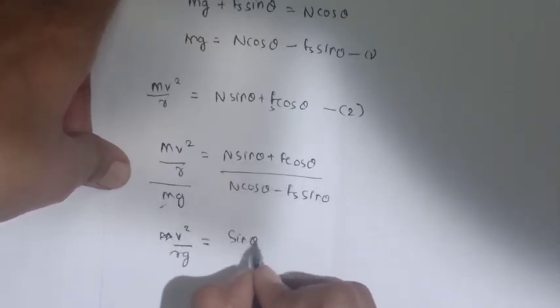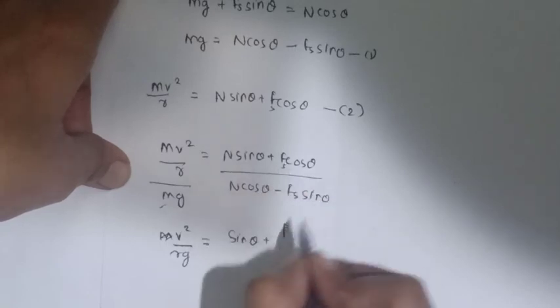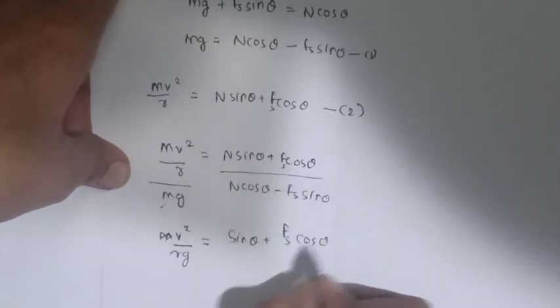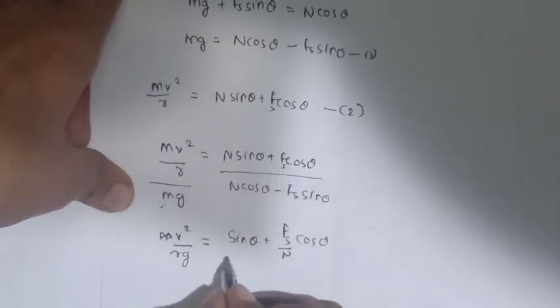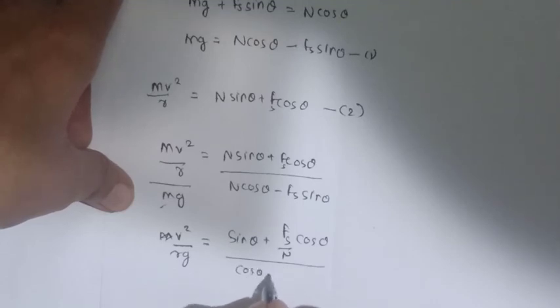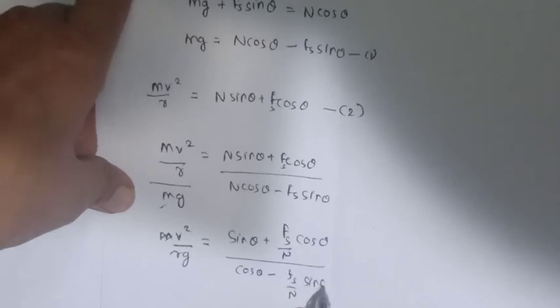sin theta plus fs cos theta by N, divided by cos theta minus fs by N sin theta.